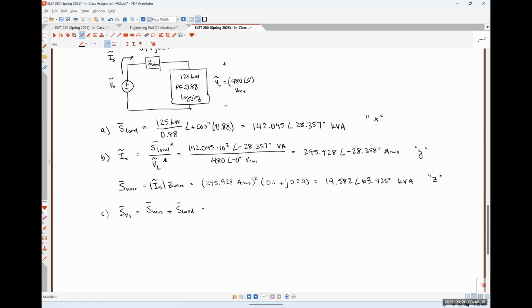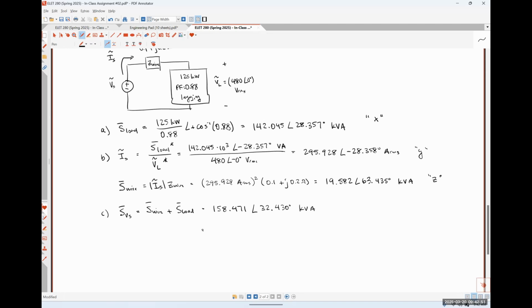So for me, this is just what I have stored in my calculator as X plus what I have stored in my calculator as Z. So X plus Z is going to give me 158.471 with an angle of 32.4297 degrees kilovolt amperes.